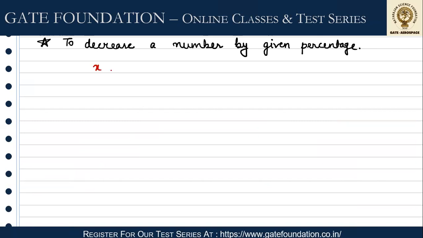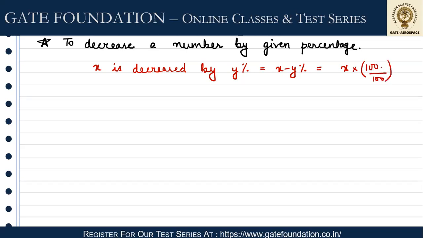Let's say x is decreased by y%. So the same thing will happen over here. We'll have x minus y% of x. I'm not going to derive the entire expression, but I'll write down the final answer. It will become x times (100 minus y) divided by 100. Right. So in this case, it won't be plus, it will be minus.